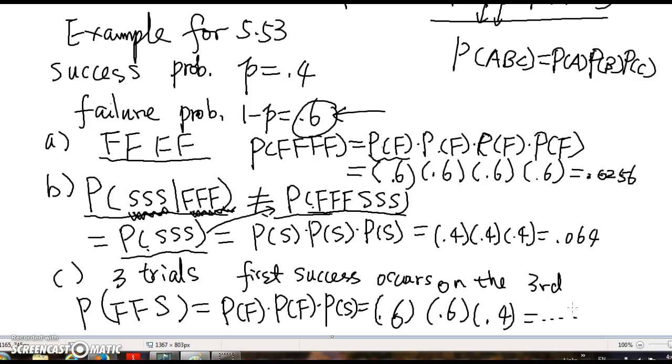When do we use the binomial distribution formula? When we don't know which one is success and which one is a failure. Say we did 4 trials and we only know 2 of them were successes. We care about 2 successes, or 1, or 3 of them, but we don't care which one is a success and which one is a failure. In that case, you use the binomial distribution formula.